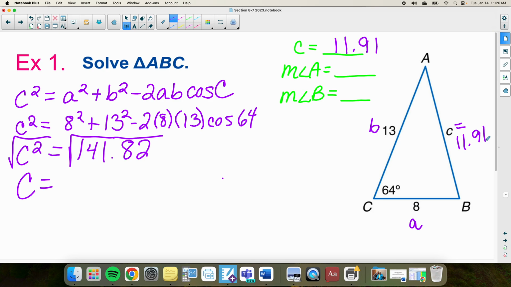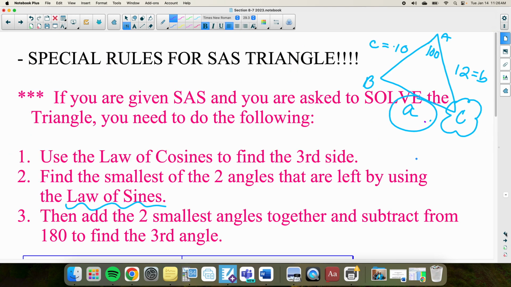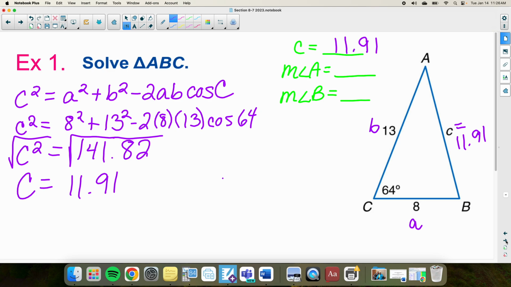Now, we have to follow those specific rules. And if we go back, what it says is you're going to find the smallest of the two angles that are left using law of sines from yesterday. So I have to find angle A, which is across from an 8, or angle B, which is across from a 13. Which one am I going to find? A, because 8 is less than 13. So I'm going to find sine of A over little a.